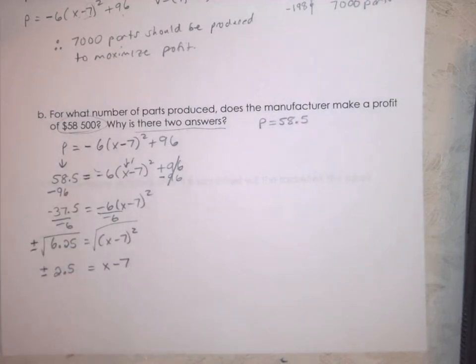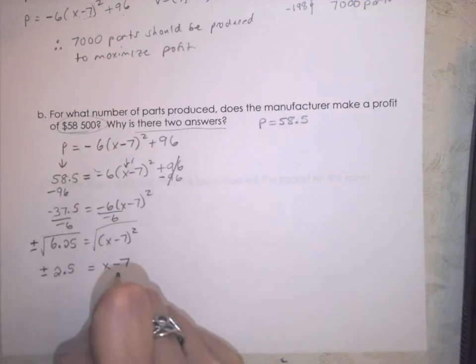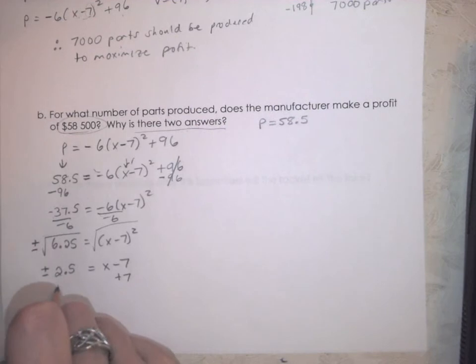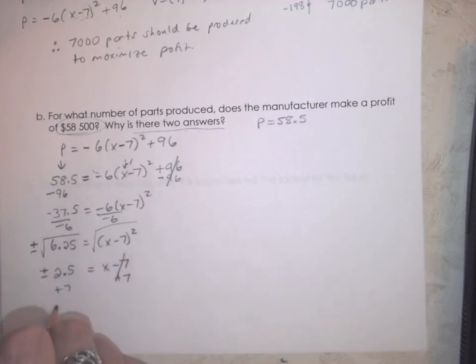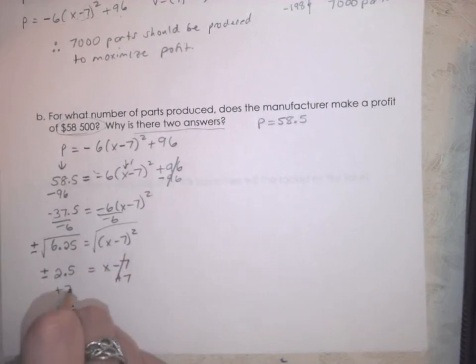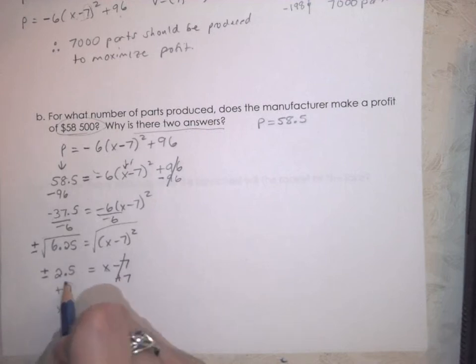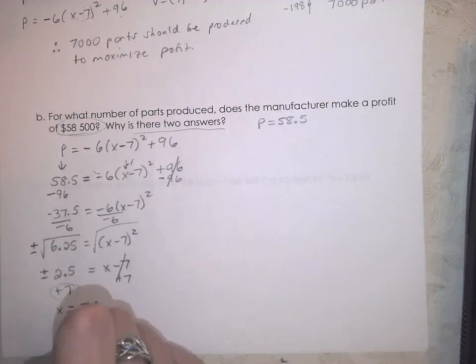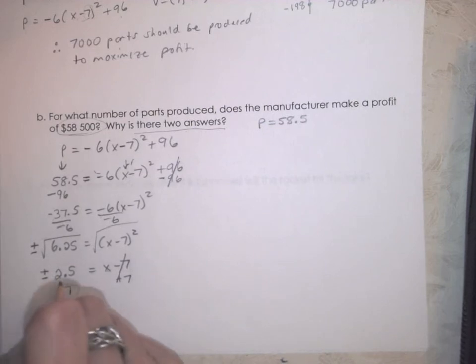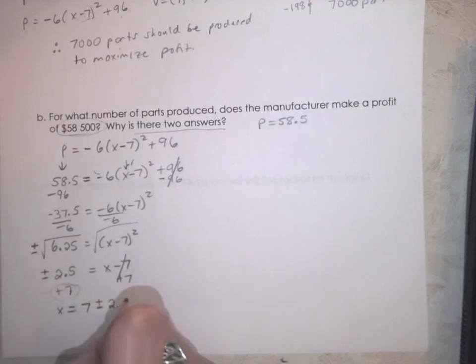So they're both considered square roots of 6.25. Then we want to get X by itself by adding 7 to both sides. And then I'm just going to switch it around so the x is first. I always like to put my integer first, so 7, and then plus or minus the 2.5.